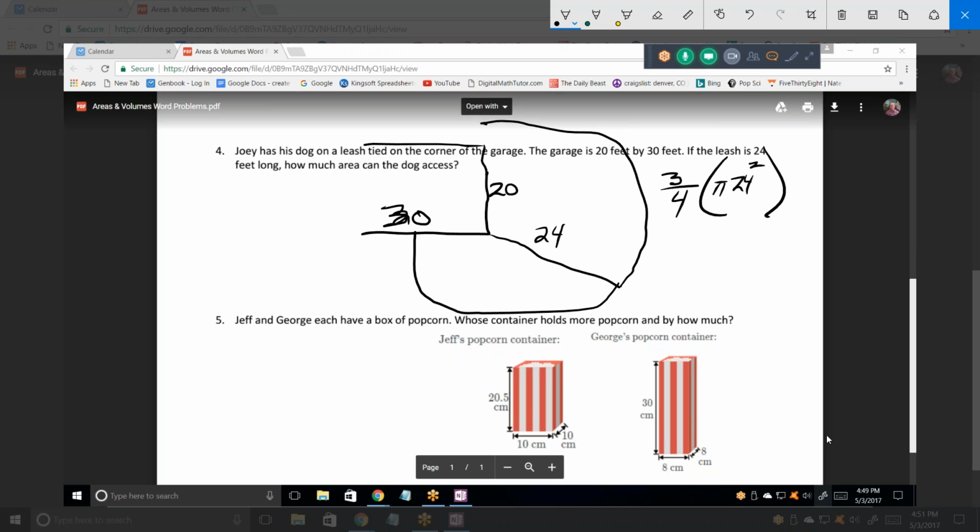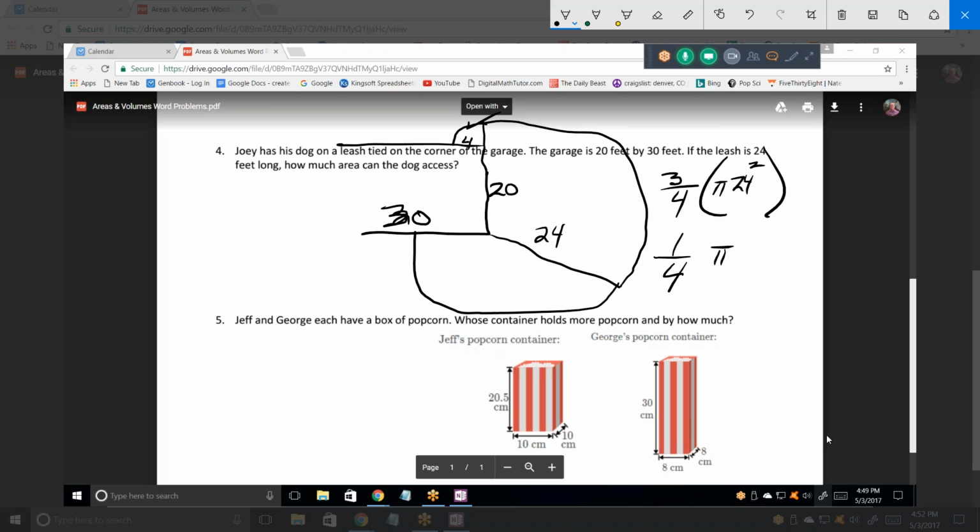There's the garage. And the leash actually lets him go some distance there. And I guess that's 4, since it's a 24-foot leash. Oh, yeah. So he actually has that other little quarter of a circle, which is 1/4 times pi r squared, where r is 4, I think.